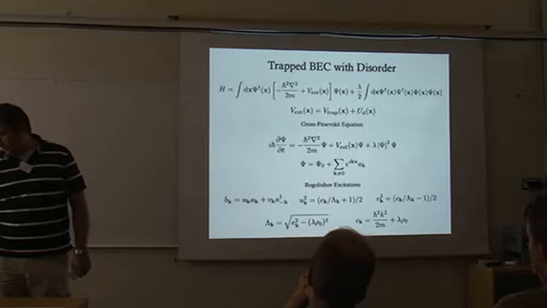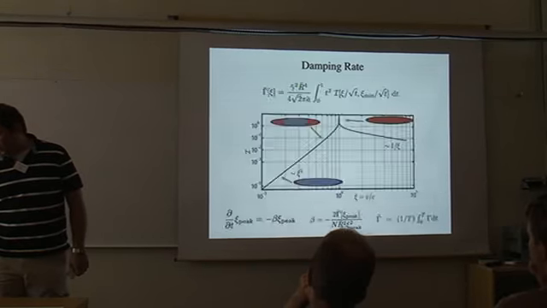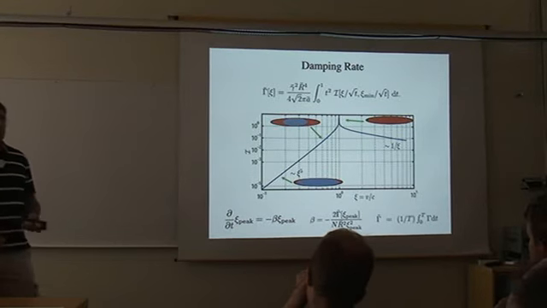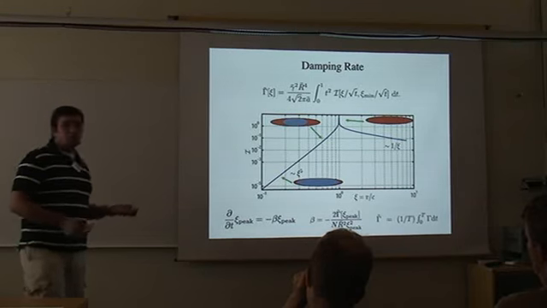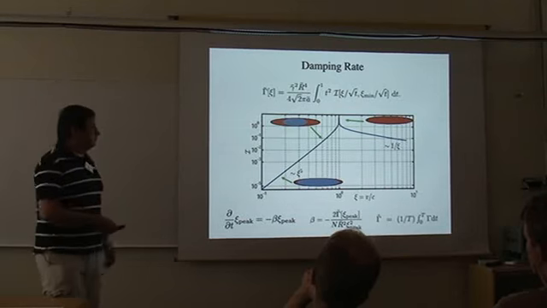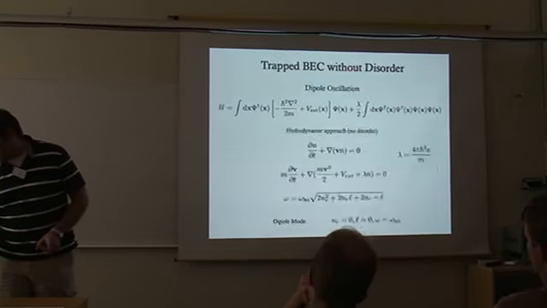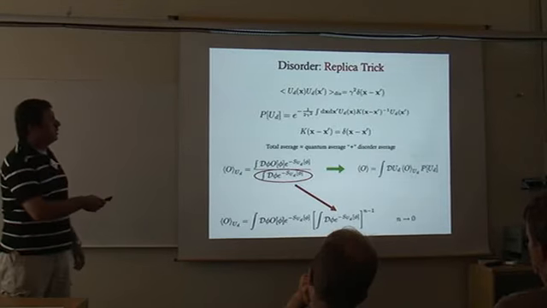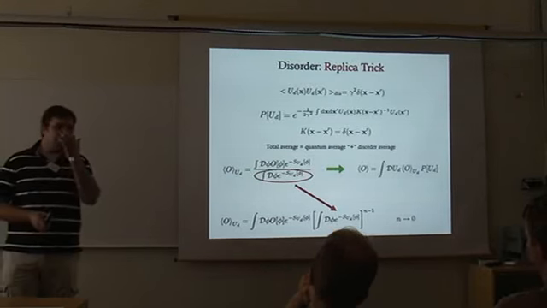In our case, because we use local correlations, a delta-uncorrelated gas, this gamma is actually a free parameter, because in a real experiment these correlations are not delta correlated.